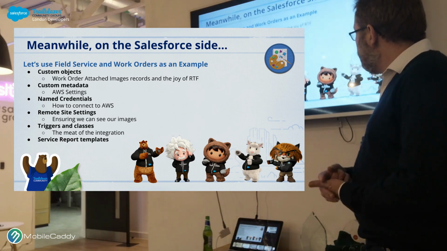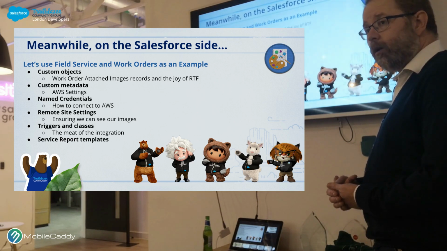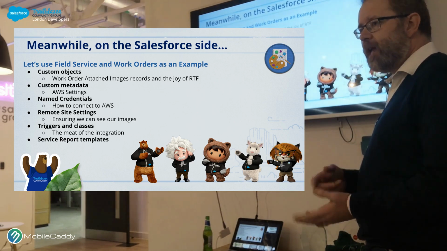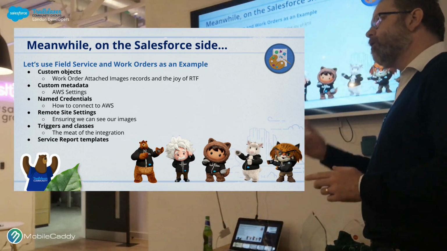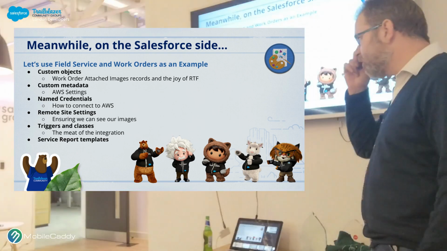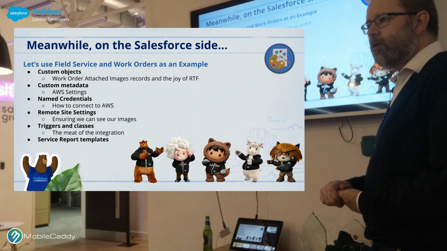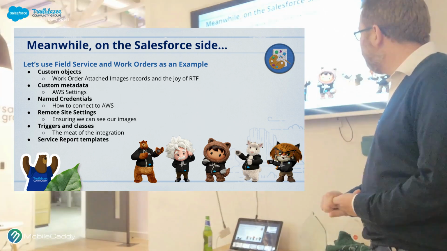Now, normally, if you were using named credentials, you wouldn't necessarily need to have remote site settings as well. However, because we want to actually display the images and potentially be able to click on the image to see the full-size version, which would open a new tab and it's not going through Salesforce, we just put in a remote site setting to AWS just so that it knows that it's okay to open this URL.